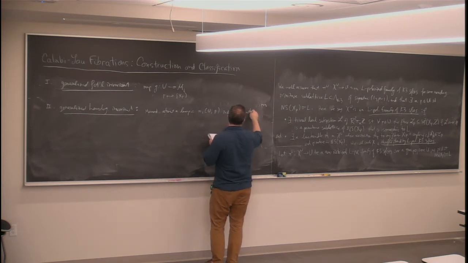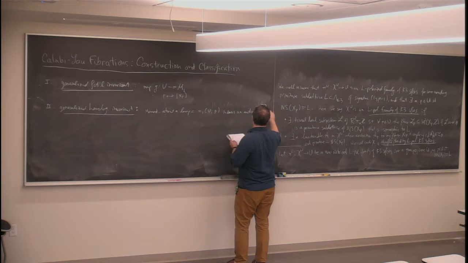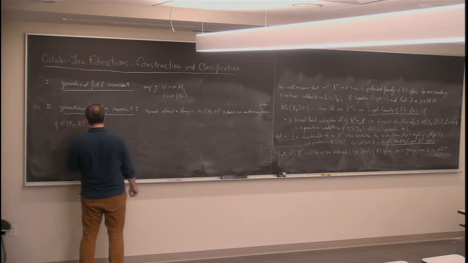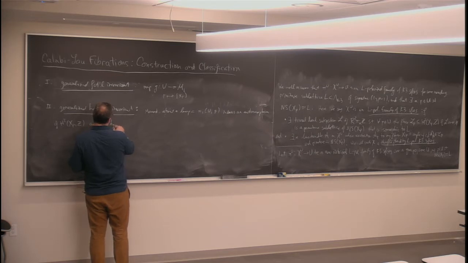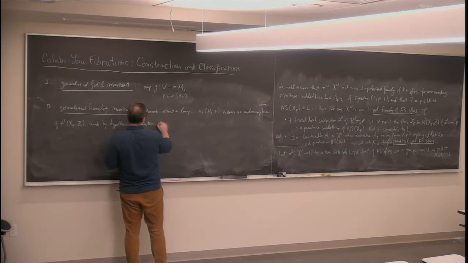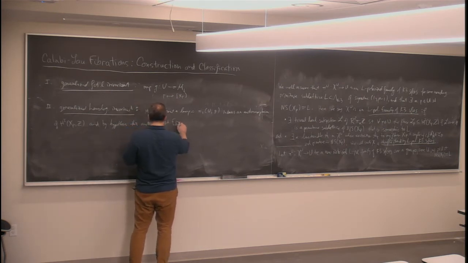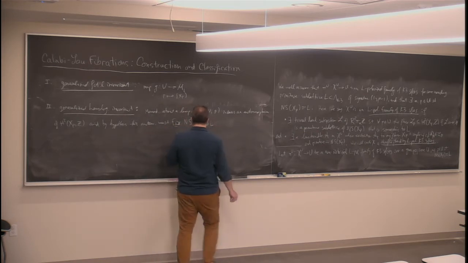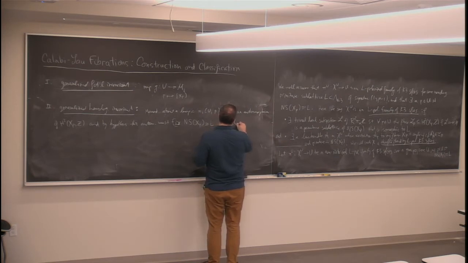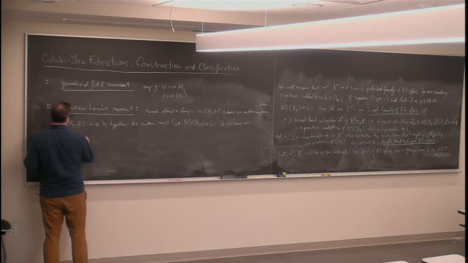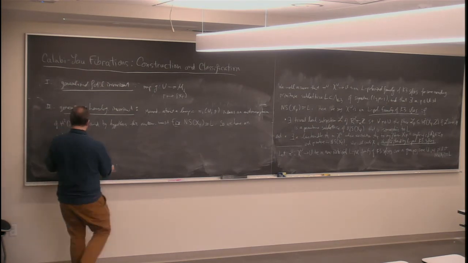It induces an automorphism of H^2(X_P, Z), and by hypothesis, this automorphism must fix the Néron-Severi of X_P isomorphic to L. So we have an automorphism, in fact, of the perp to L, which is the transcendental lattice.